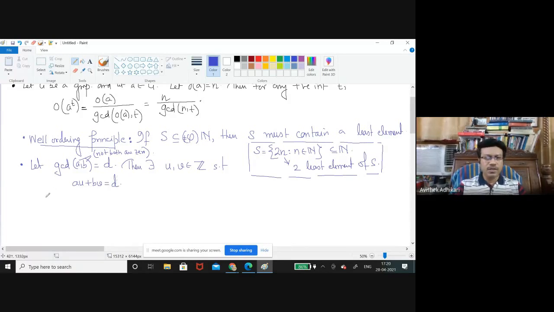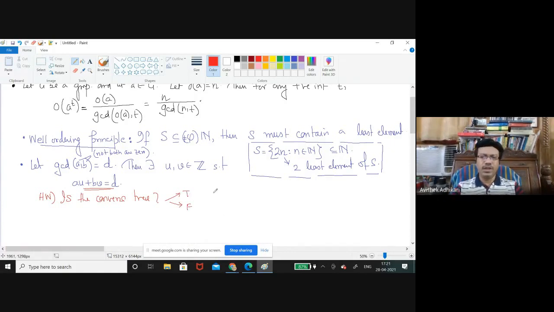It's a homework question you need to think about. Is the converse true? If you are given some U, V, A, B and D, and this relation is satisfied, will you be able to tell that D is the GCD of A and B? What is your intuition? True or false?